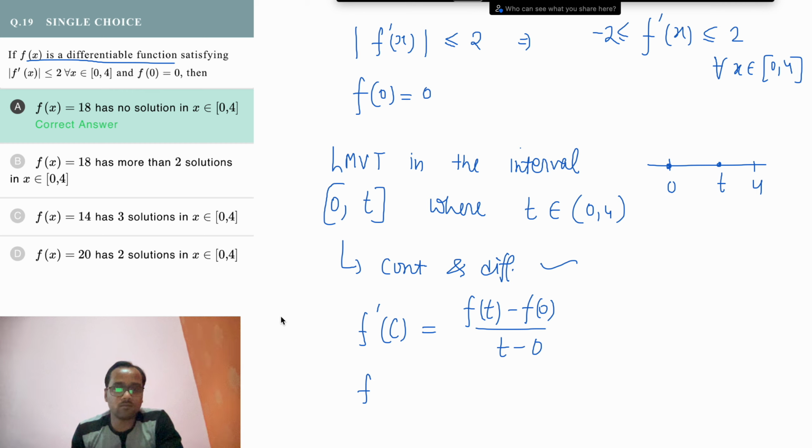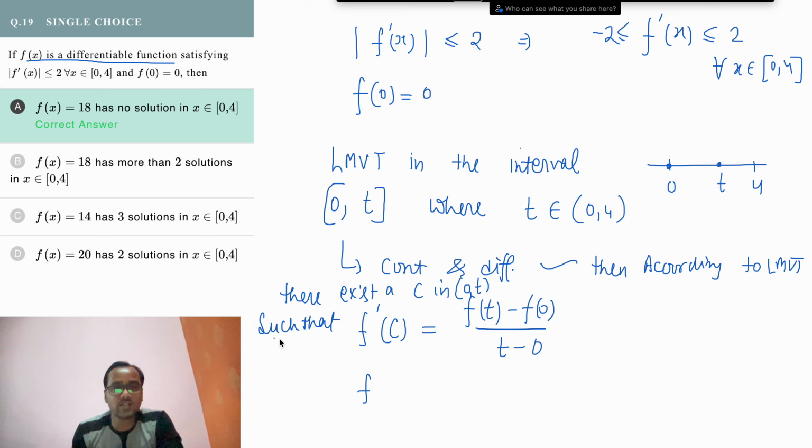So according to Lagrange's mean value theorem, there exists a c in 0 to t such that f dash c will be equal to f(t) minus f(0) upon t minus 0. So f dash c will be equal to f(t) minus f(0), which is 0, so no need to write, upon t.